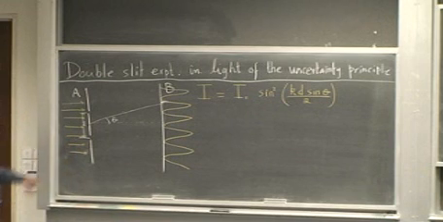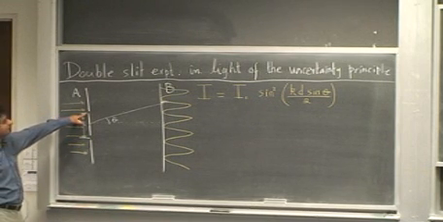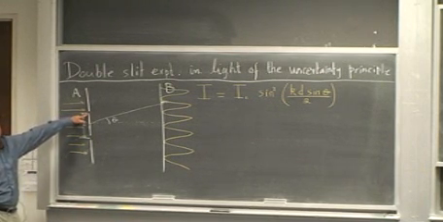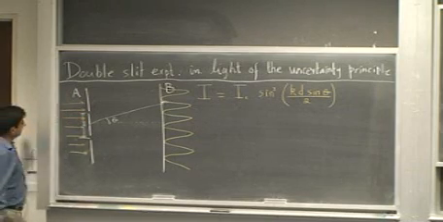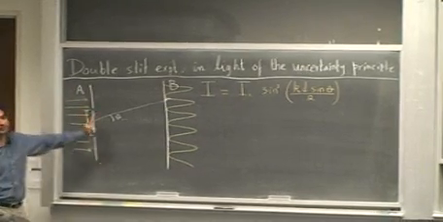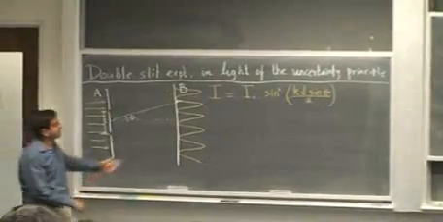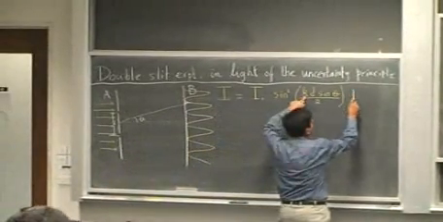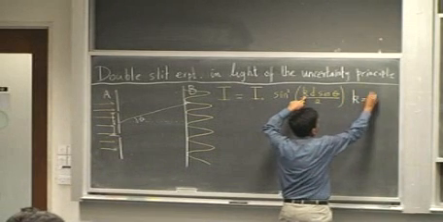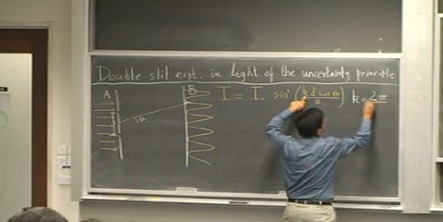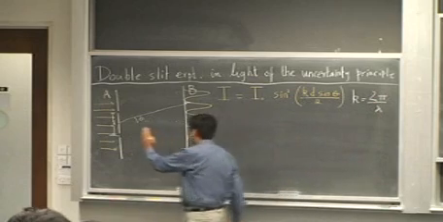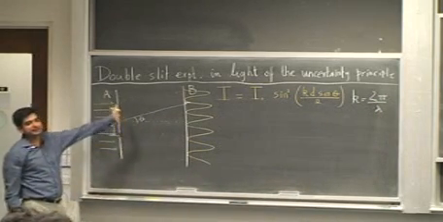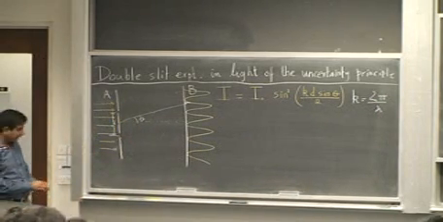And for interference to work, the slit width has to be of the same order as the wavelength of the matter waves associated with these particles. And this k is related to the de Broglie wavelength of these particles.